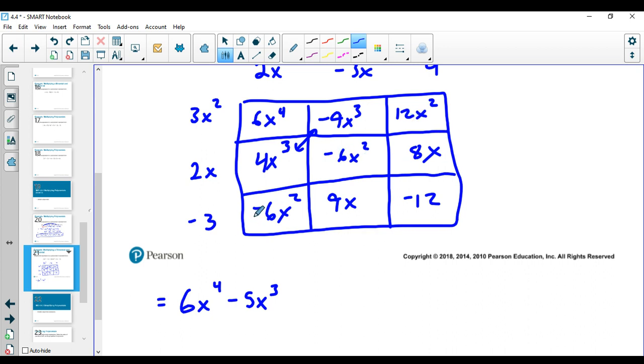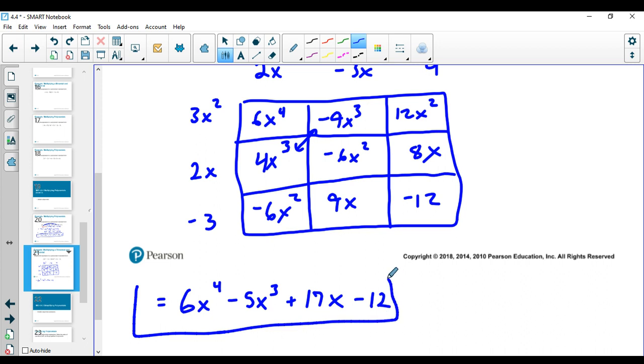That's going to total to 0, right? Negative 6, and 12 should add to 0. So this all actually goes away. Then we have 9x and 8x, which together is going to be 17x, and then minus 12 on the end. So we had this nice thing where our x squareds all canceled out for this particular problem.